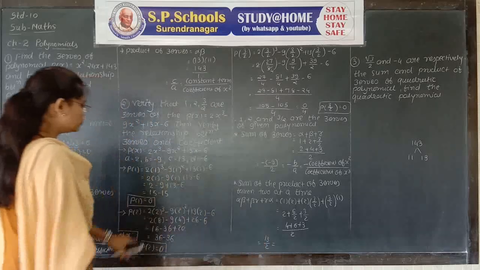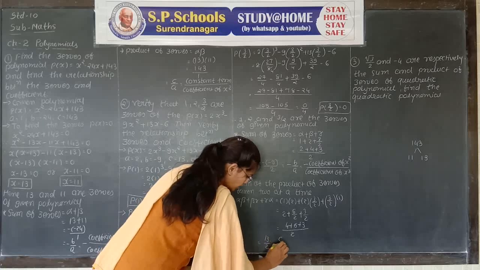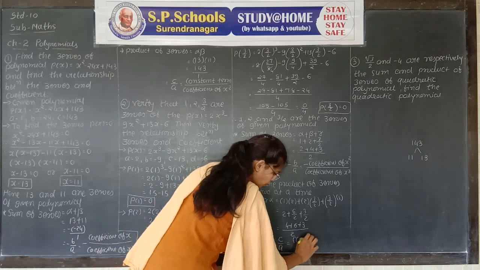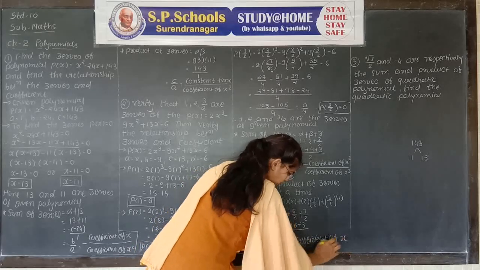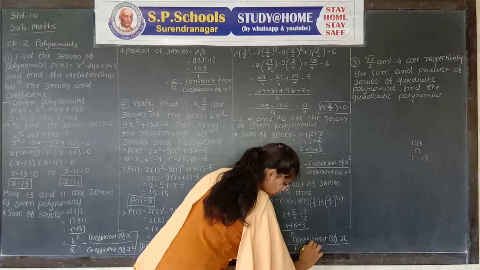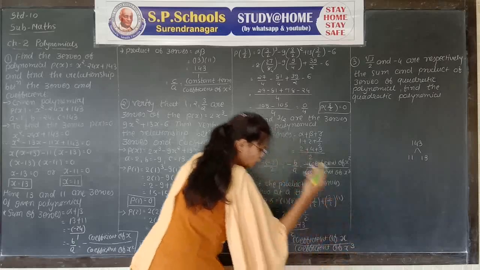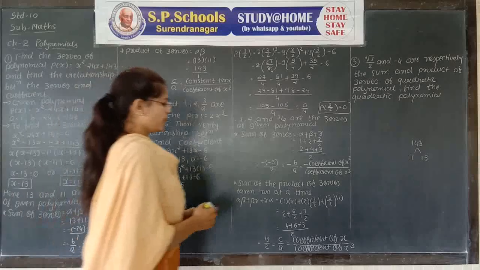The 13 is c and 2 is a, so c upon a, where c is the coefficient of x and a is the coefficient of x cube. Hence here the second relationship is verified.